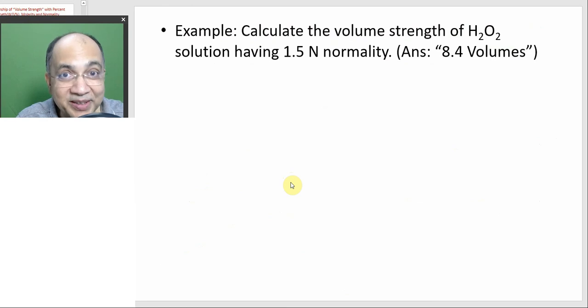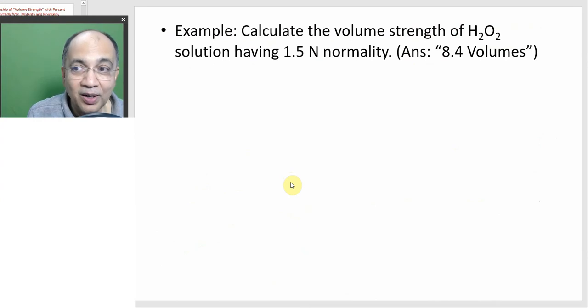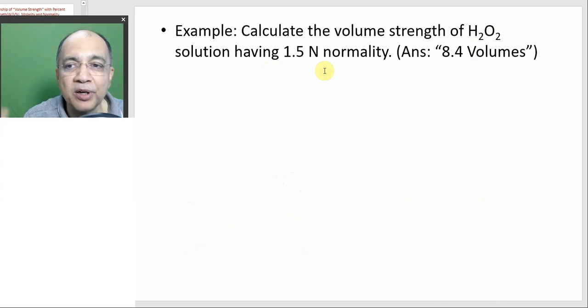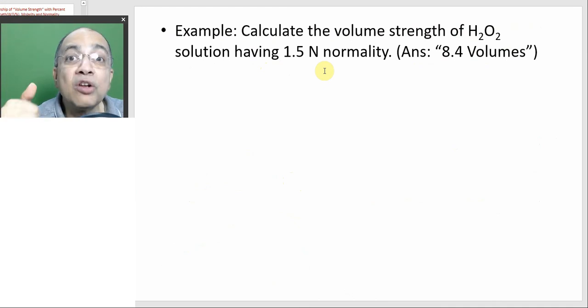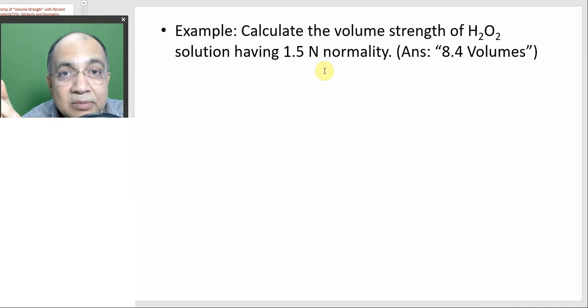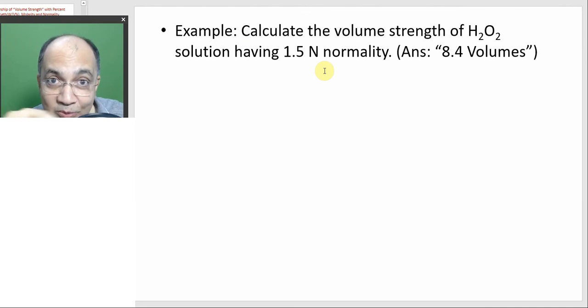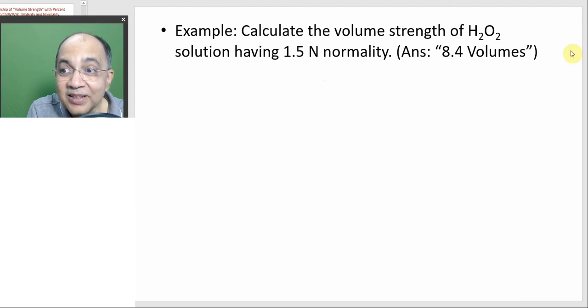Calculate the volume strength, X volumes, of an H2O2 solution having normality 1.5 N. Sometimes you will be given molarity, or sometimes W by V percent, to convert into its volume strength, X volumes. Let's do that. The answer is given here.